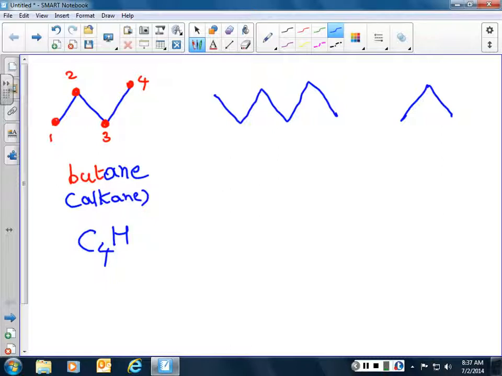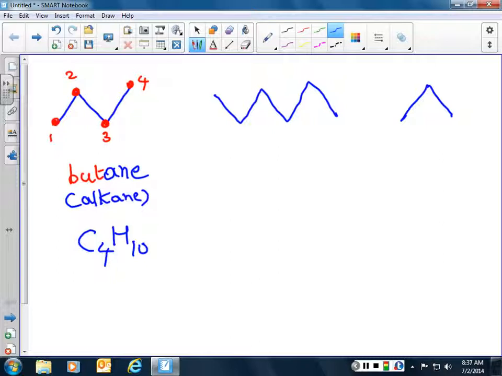Correct? So 3 hydrogen here. How many hydrogen here? 2. Well, 2 bonds. 3 plus 2 is 5. 5 again 2, 7. How many? 3. 7 plus 3 is 10. Correct? So how many hydrogens? 10 hydrogens.